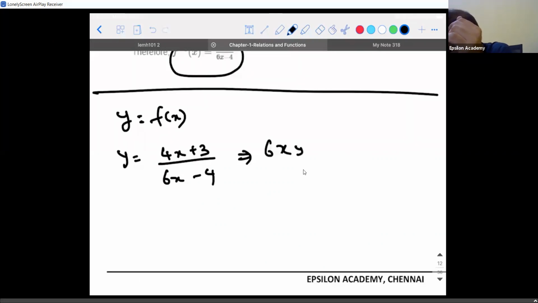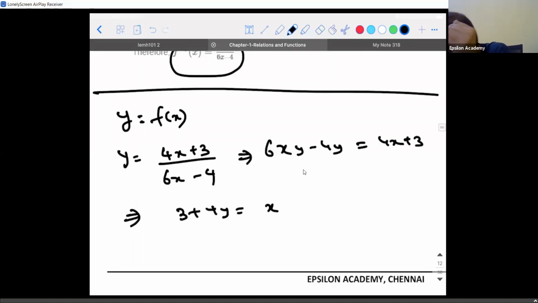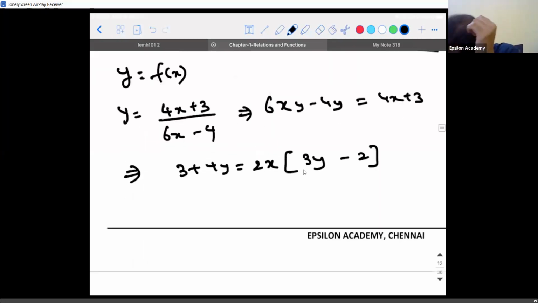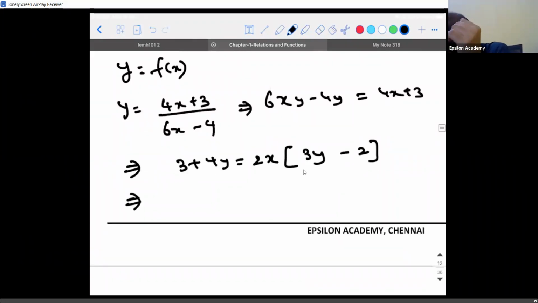So 6xy minus 4y is equal to 4x plus 3, which implies 3 plus 4y is equal to 2x into 3y minus 2. Or I will leave it as 6x minus 4 only.